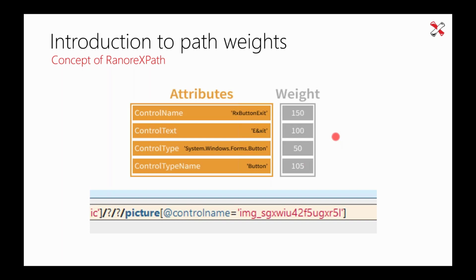And Ranorex has a simple strategy: it always takes the attribute with the highest weight. We have 4 attributes here with different weights, and Ranorex is choosing the control name attribute because usually this attribute turns out to be the most stable one, based on our experience. But sometimes the control name attribute isn't the best one, and this is where we need to find or modify the strategy. And now I show you how to do that.